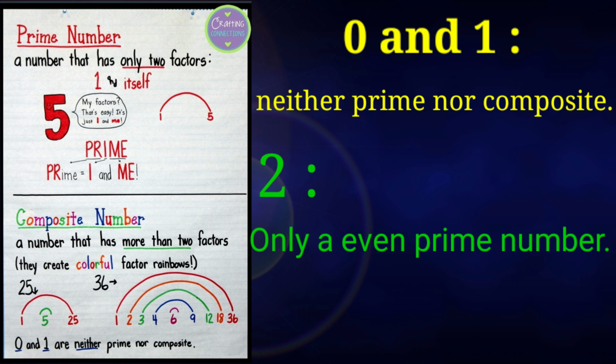But 2 is the only even prime number. This you have to keep in mind, that 2 is the only even prime number. On the other hand, composite numbers are a combination of even and odd numbers. Got it, students? So I hope you all understood what prime and composite numbers are.